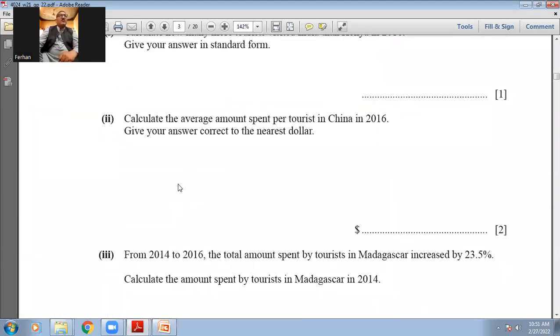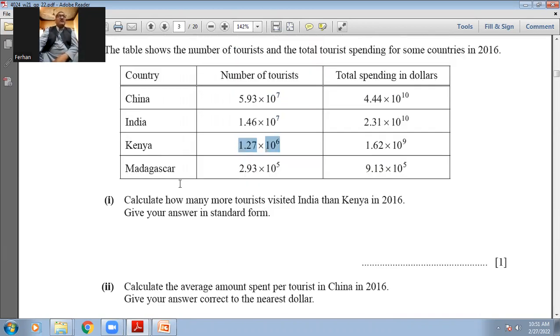Okay, so the next question, the second part: calculate the average amount spent per tourist in China in 2016. Give your answer correct to the nearest dollar. The average amount spent per tourist means the money spent divided by the number of tourists. So 4.44 x 10^10 divided by 5.93 x 10^7.